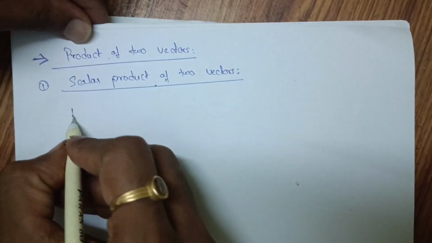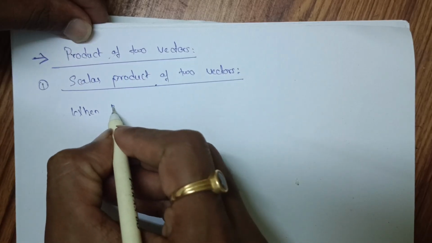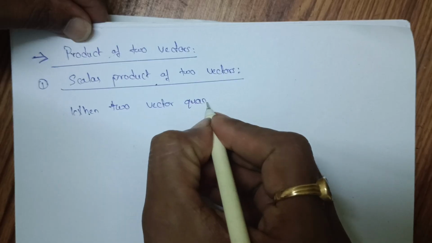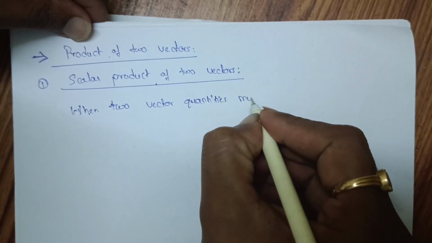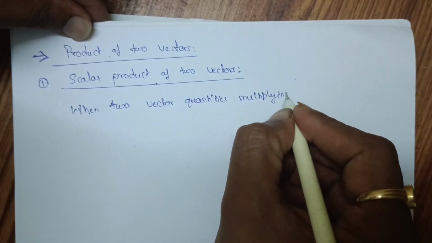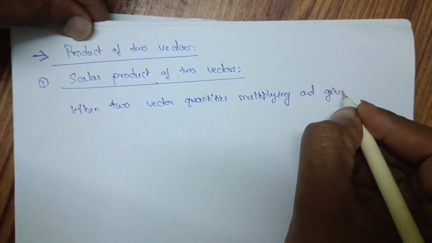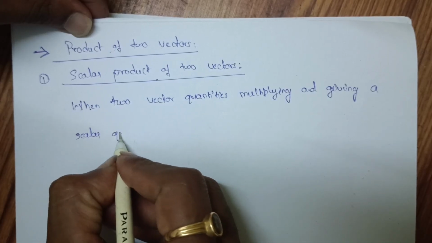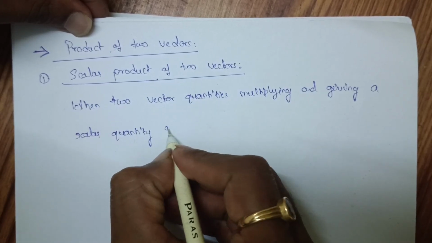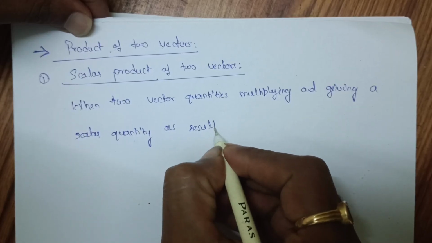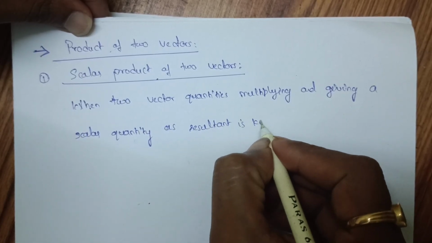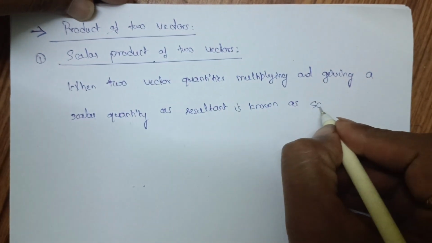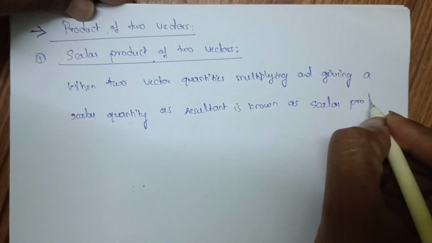See, when two vector quantities multiplying and giving a scalar quantity as resultant is known as scalar product or dot product also.